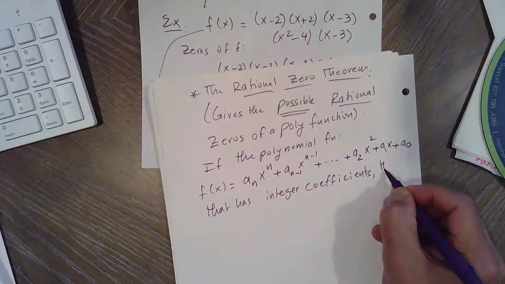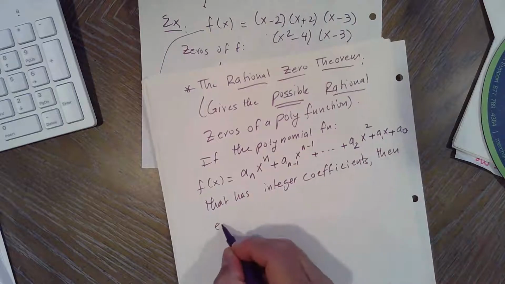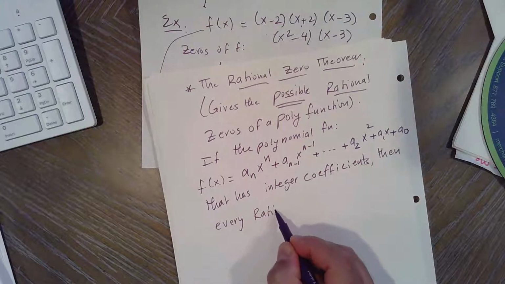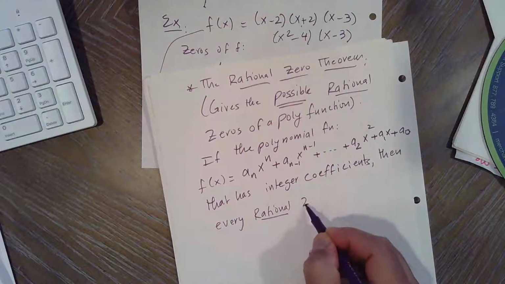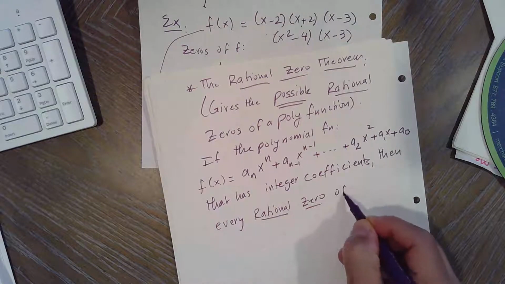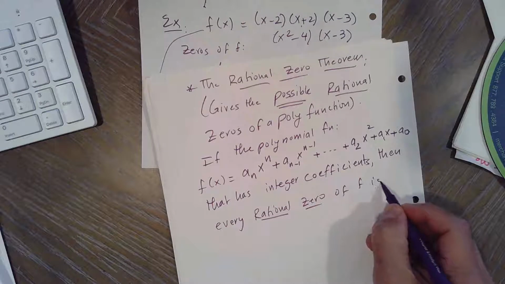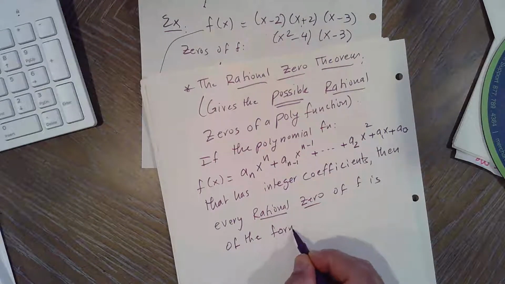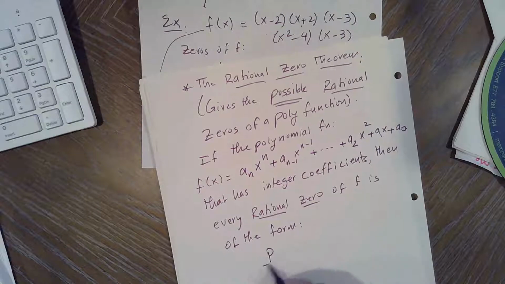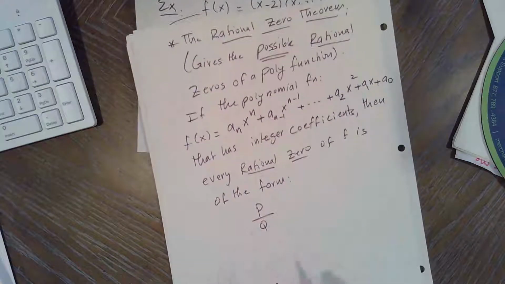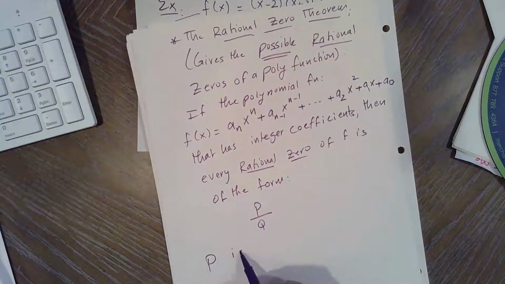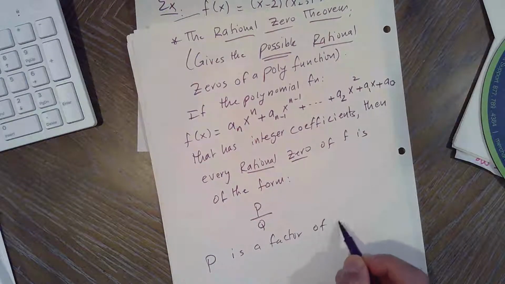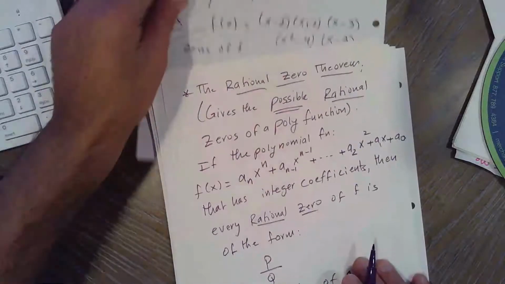then every rational zero of f is of the form, it's rational, so it's a fraction, p over q. What is p and what is q? Where p is a factor of the constant term. Remember what we saw?